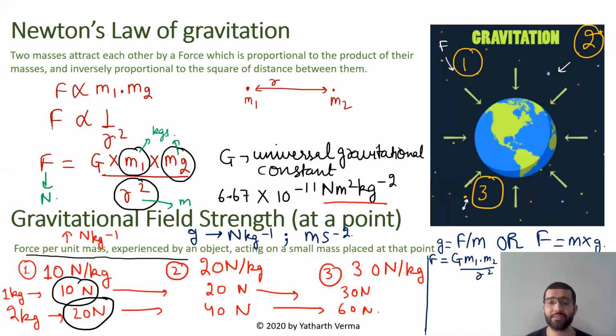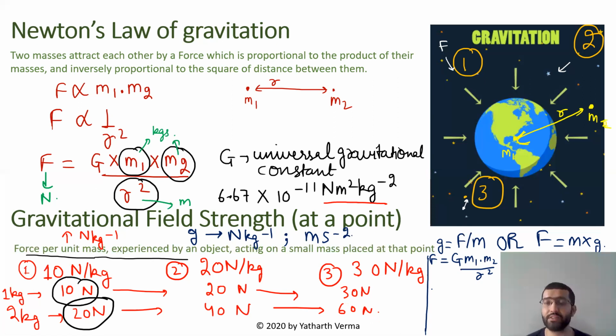M2 is the smaller object, at a distance of r from the center of the earth. So we will take the distance from the center of the earth in this case. Now, what is the force on M2 due to M1? M1 is the mass of the earth. So the force between them is this.